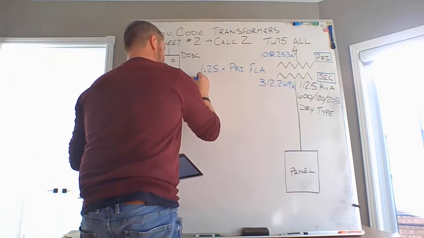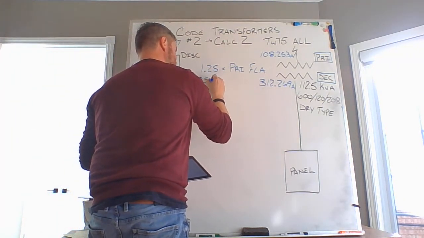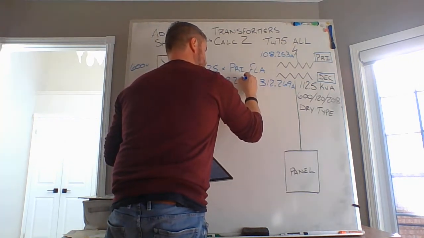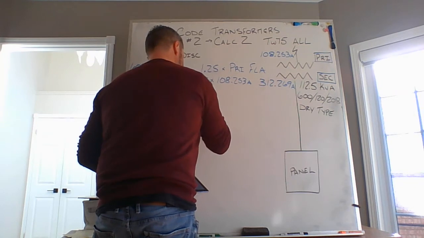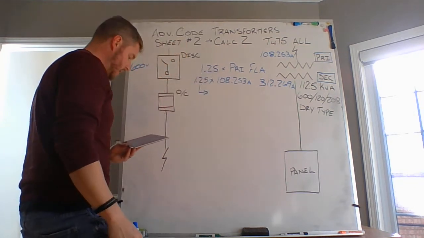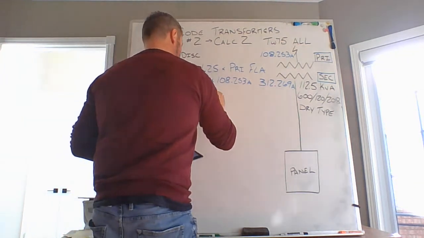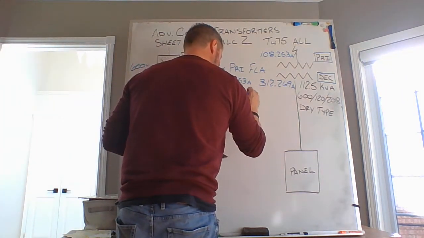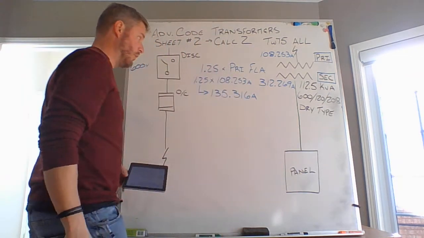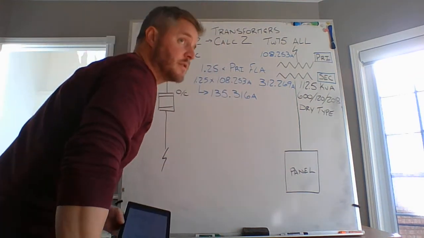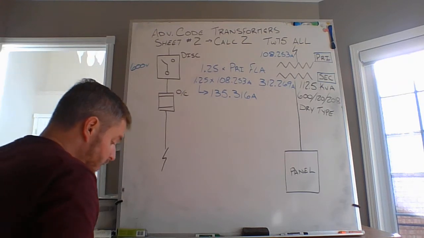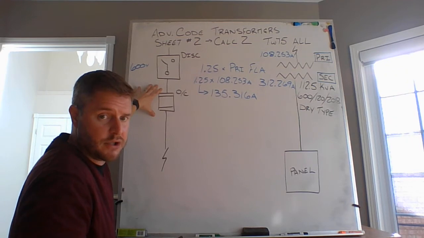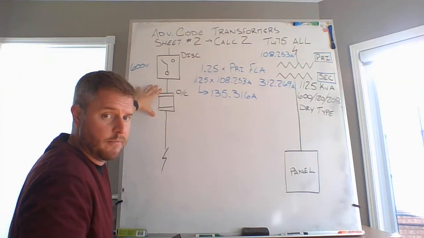At that point in time, I am 1.25 times 108.253 amps, giving me a calculated value, non-continuous for my conductors, being 135.316 amps. 135.316 amps for my conductors. That also directly reflects my fuse, my overcurrent protection, specifically for this transformer.